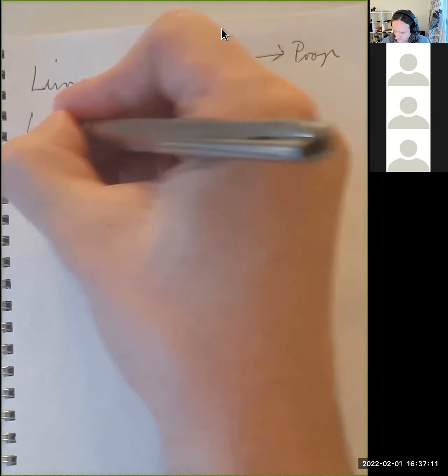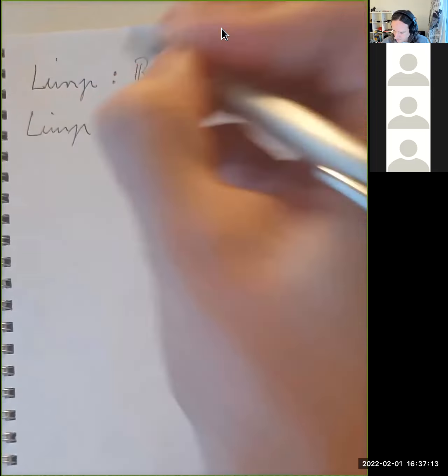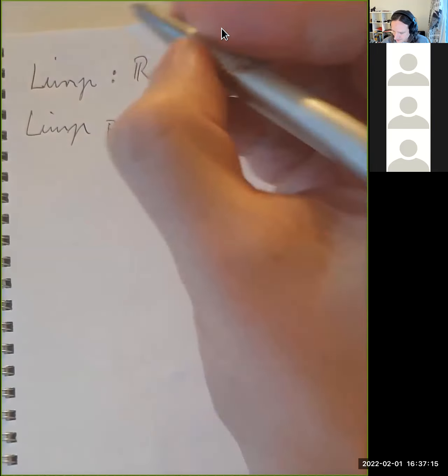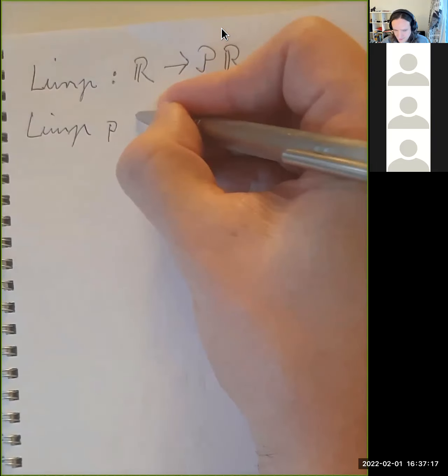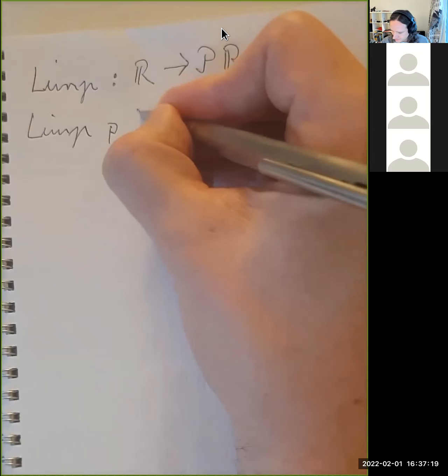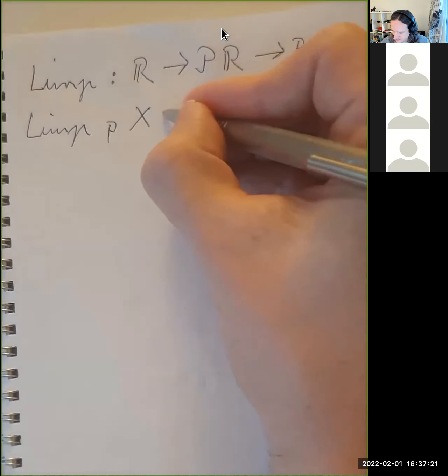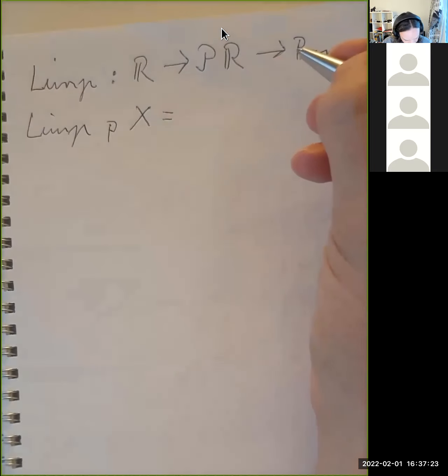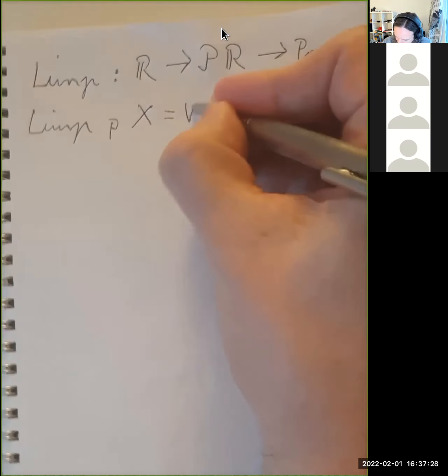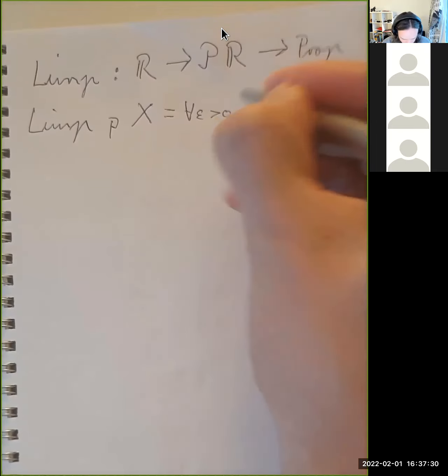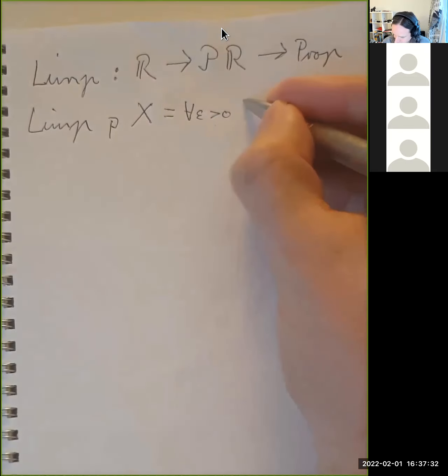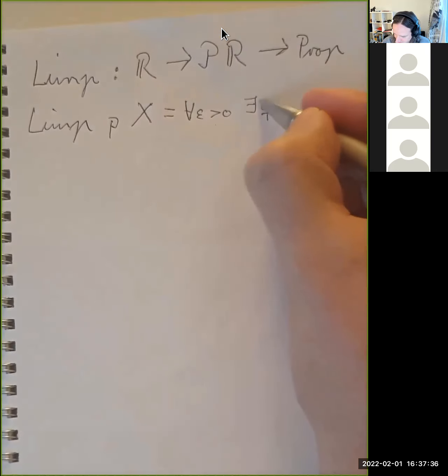So we have some candidate limit point P and a subset of the reals called X. And here the proposition we build is: for all epsilon greater than 0, there exists a Q that's the approximation to our limit point.